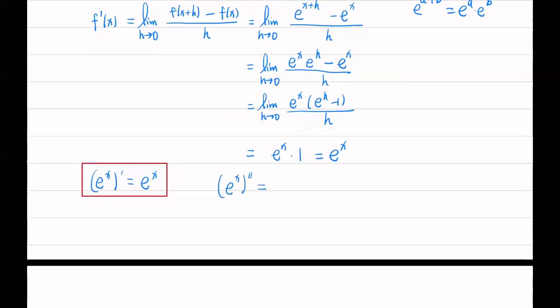So the first derivative is e to the x. If we take a derivative again, let's check. This will be the derivative of the first derivative. What's the first derivative?